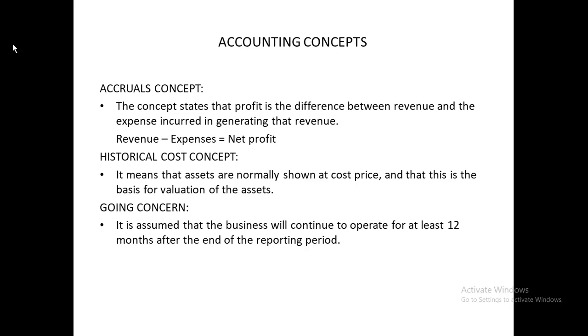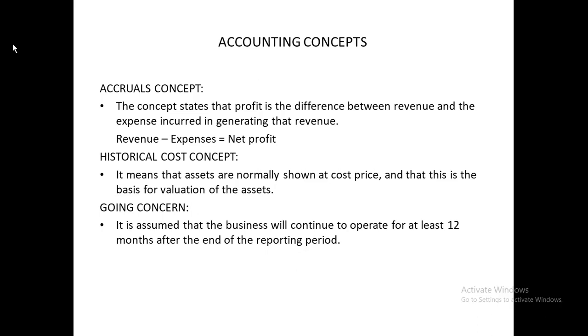Let's go to the next item which we want to talk about: accounting concepts. We have several accounting concepts which we need to know. We have what we call the accruals concept. The accruals concept states that profit is the difference between revenue and the expenses incurred in generating that revenue.